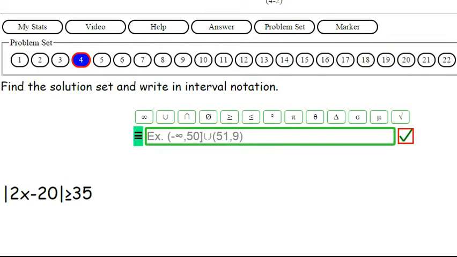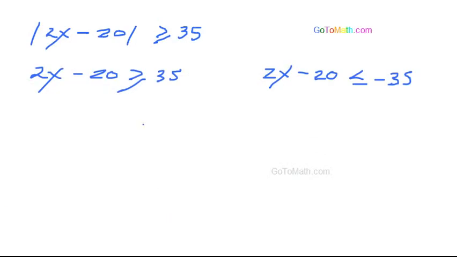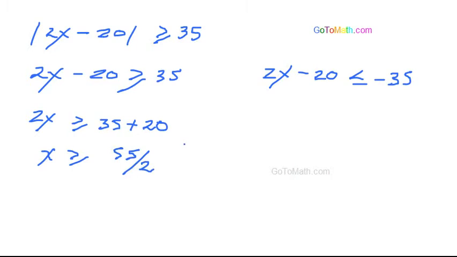Over here, add 20 to both sides: minus 20 goes to the other side and becomes positive. So 35 plus 20 is 55, and we divide by 2. X is greater than or equal to 55 over 2.